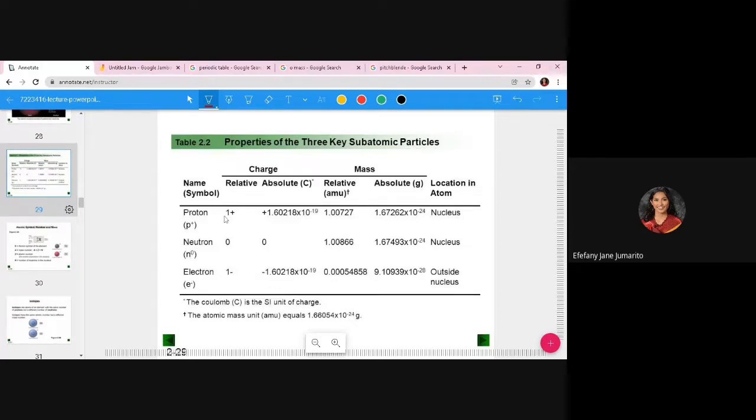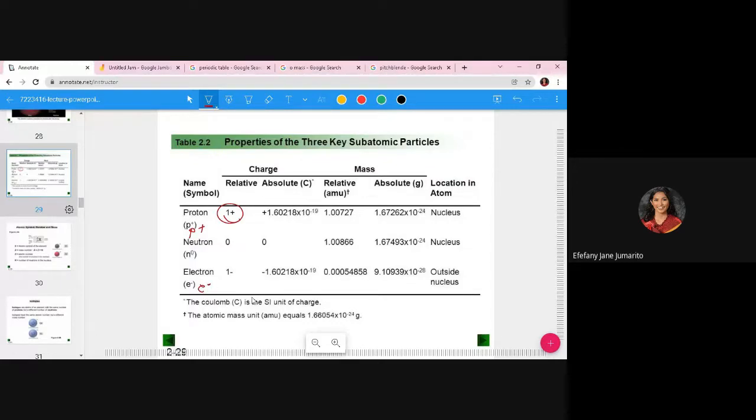Okay. So we have here also the subatomic particles. We have the proton, the positive charge. So it has a relative charge of positive one, and since it's given, we write P plus only. And then we also have electrons, with a relative charge of negative 1.